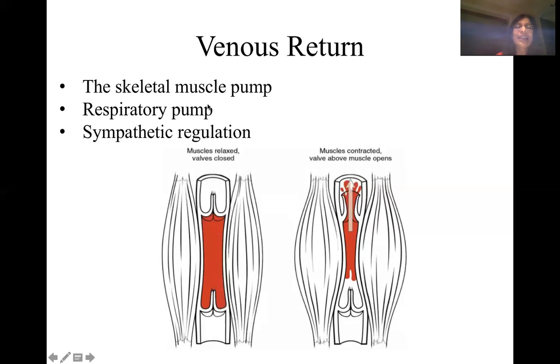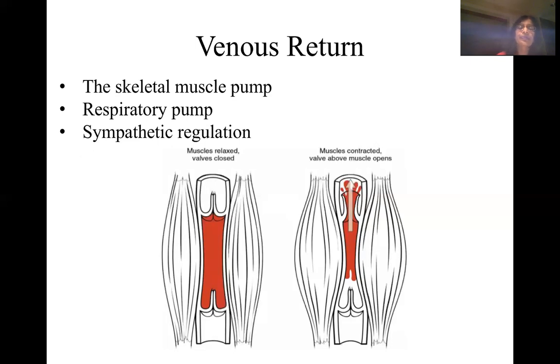One of them is skeletal muscles, and the other one is the action of breathing. And then, of course, sympathetic action of vasoconstriction that makes the veins constrict and move blood towards the heart in that manner.